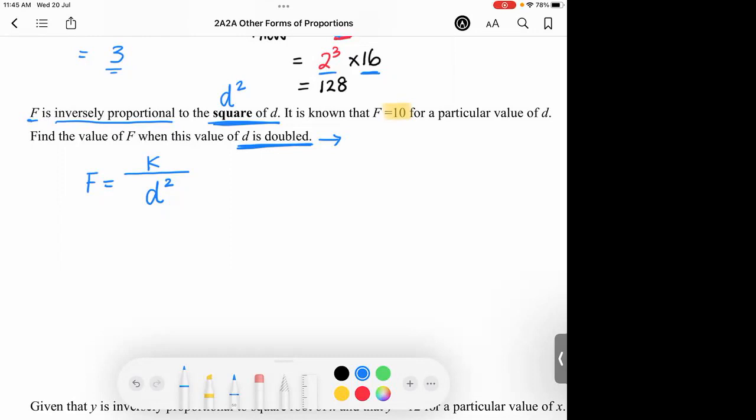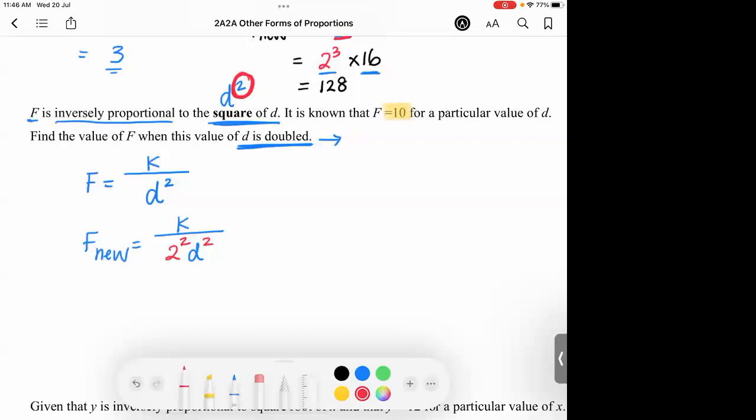Times 2, yes. So now I will have a new value of F. It is still K divided by something, but the D now becomes 2 times D. But we must remember, what do we need to do to the D? We need to square it, right? So we need to square the 2 times D.